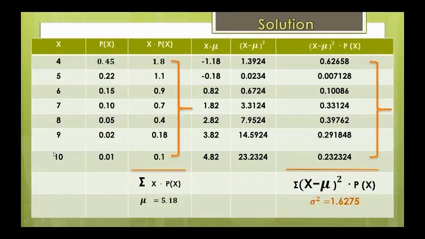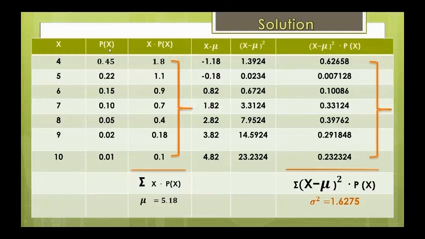Yung first column is our X or the random variables or the number of accidents that happen in northern Mindanao Highway. From the problem, yung given random variables there are 4, 5, 6, 7, 8, 9, and 10. So, ilang rows tayo? 1, 2, 3, 4, 5, 6, 7 rows tayo, kasi 7 yung random variables natin.